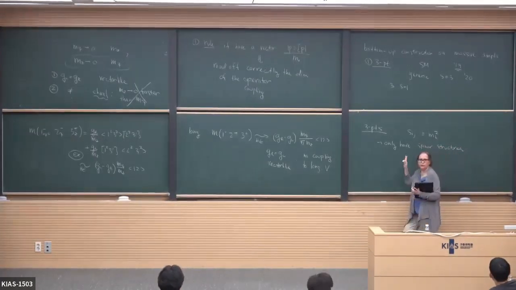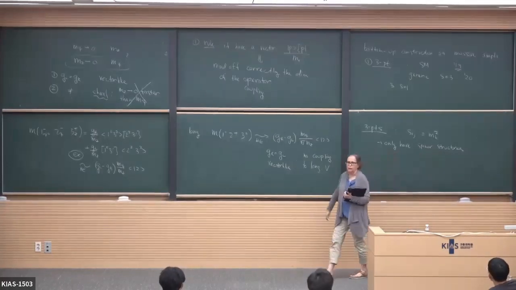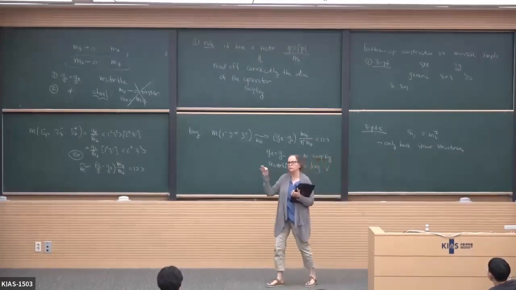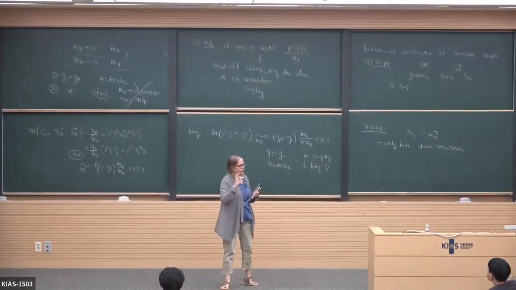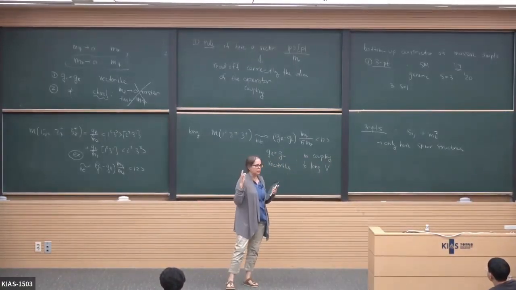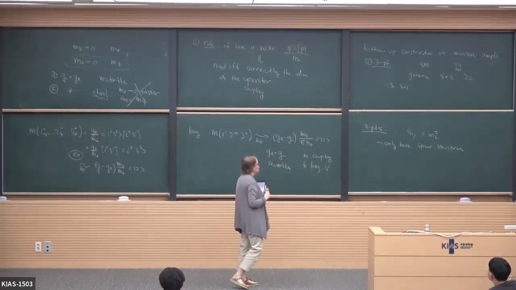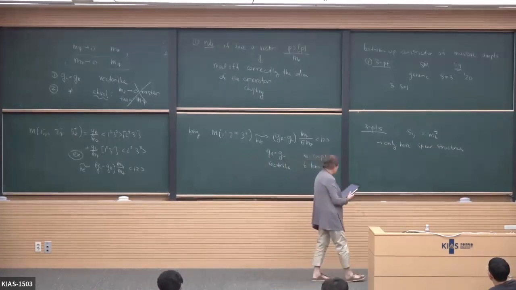So the spinor structures are all there is in this case. Once I wrote the amplitude in terms of spinor structures, everything multiplying them are just constants, some numbers. And so this is the full behavior of the amplitude.